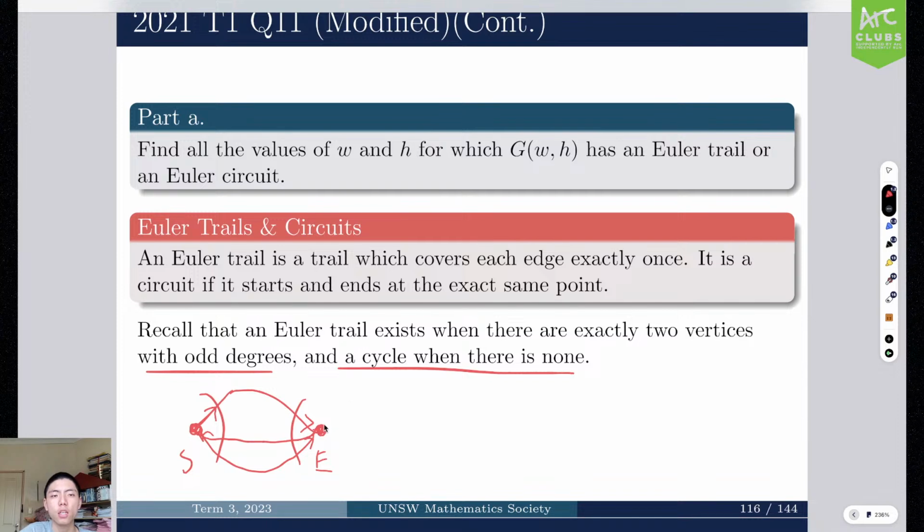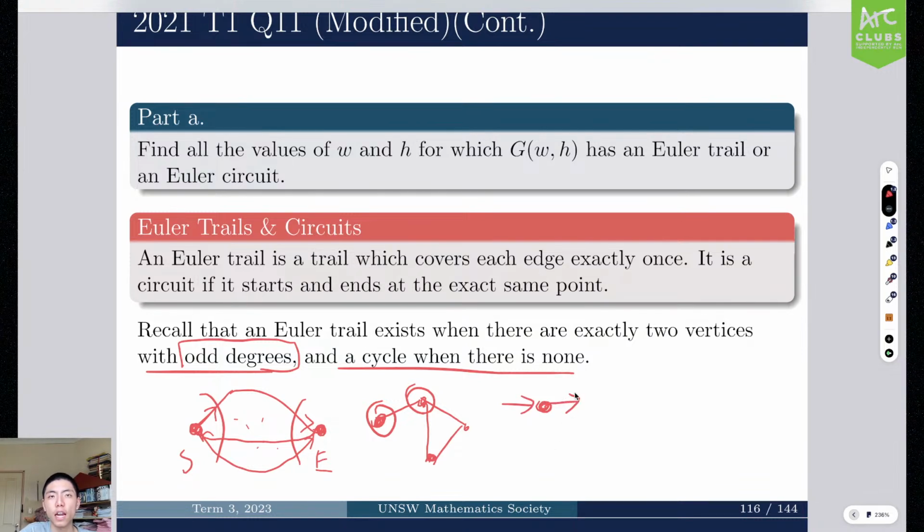So essentially, if you're going to start at a point and end up at a final point, then the point that you start at and the point that you end at need to have odd degree. The reason for this is that every other point along the way between the start and the finish, let's say random points in the middle that it goes through, it would enter this and exit that.